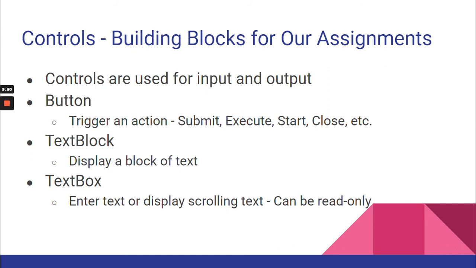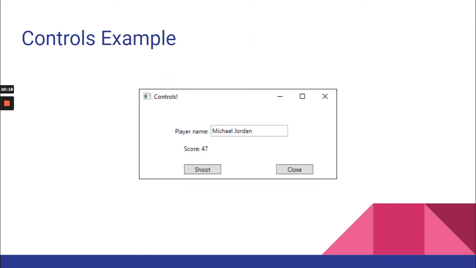So a text block is primarily an output control. A text box is primarily an input control. A button is primarily an input control. Just thinking of the computer, the program, input, output, processing. A button often is the thing that triggers the processing to happen.